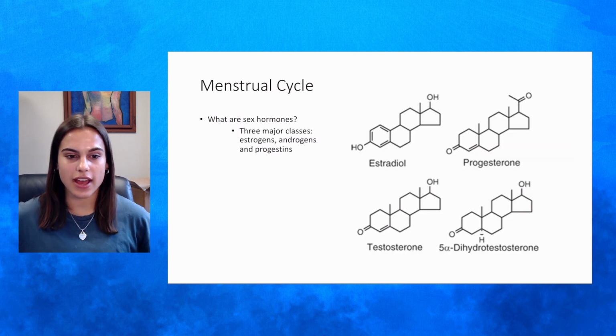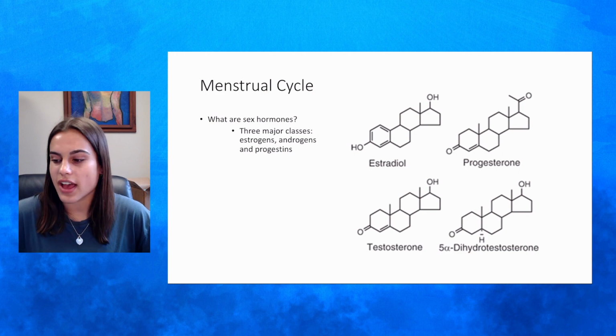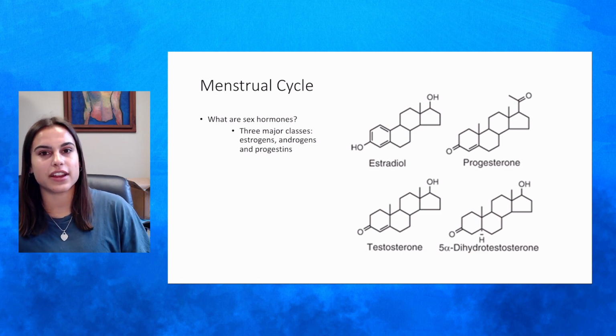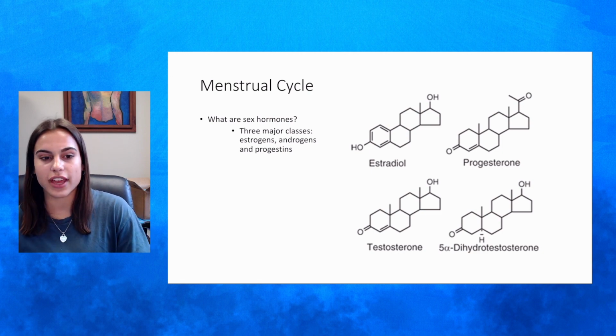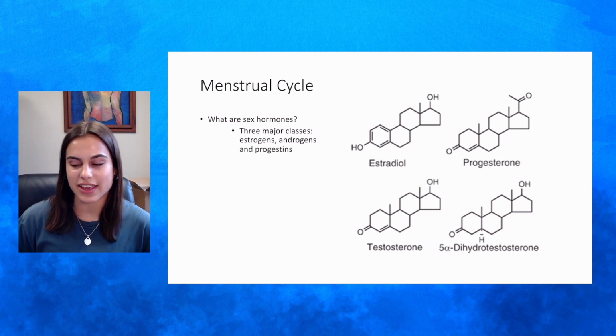So to understand how oral contraceptives work, it's important to understand how the menstrual cycle works. So this starts with sex hormones, and these are a group of steroid-based molecules that are used for reproduction and the development of secondary sex characteristics. So these characteristics include facial hair, muscle tone, and tissue development, and more things like that.